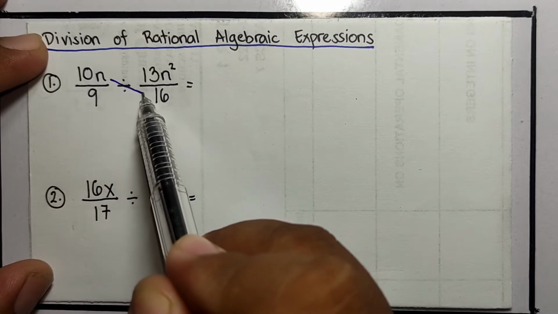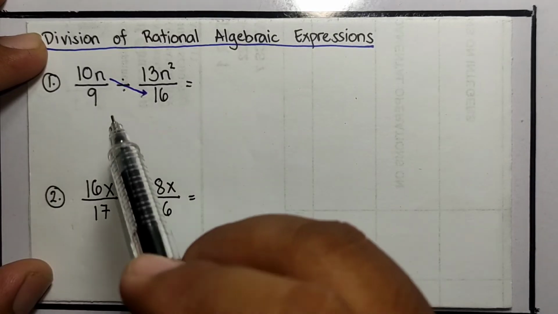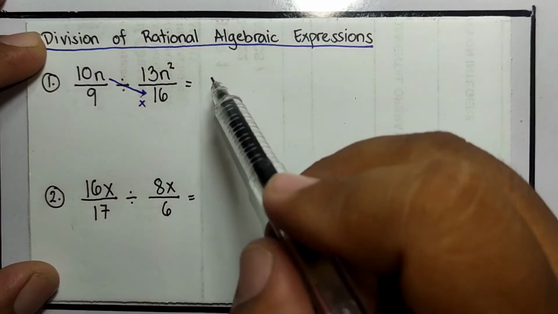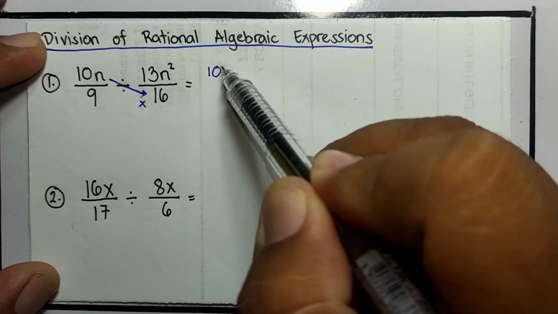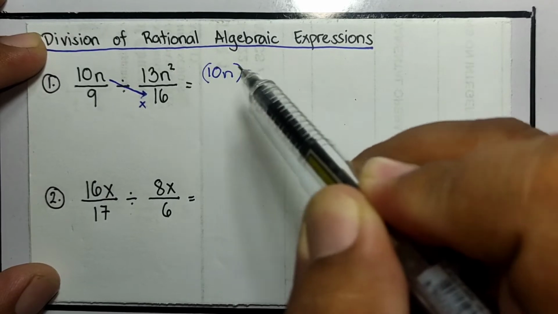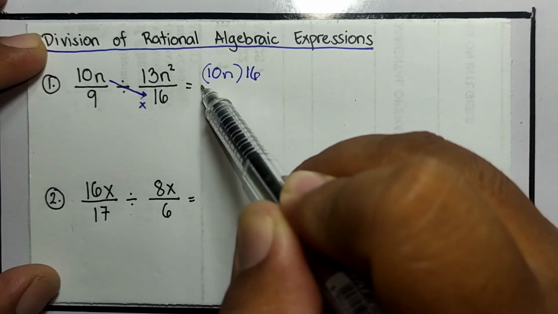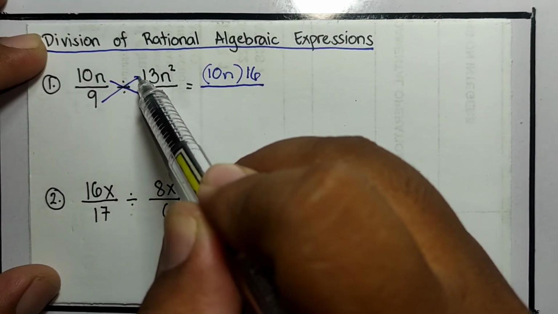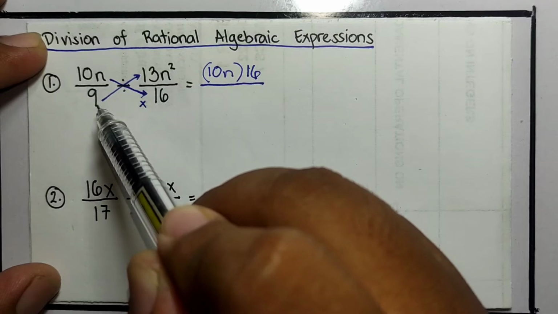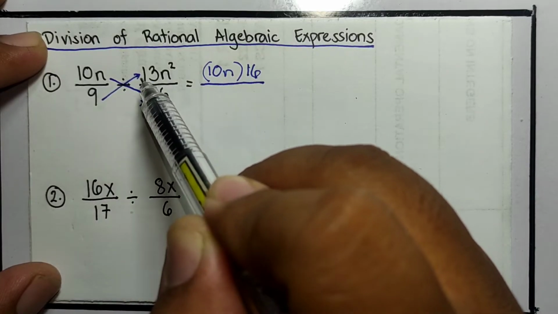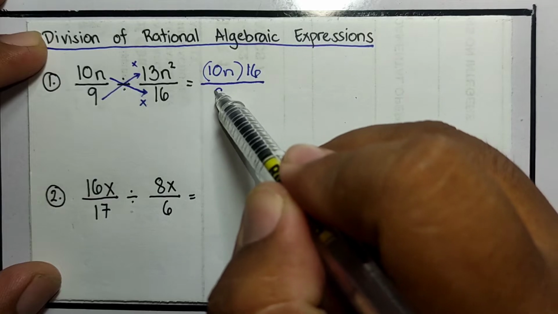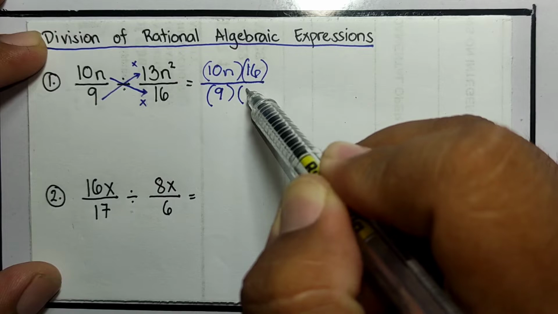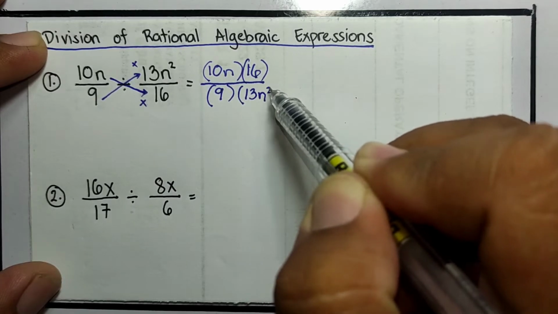Multiply the first numerator to the second denominator: 10n times 16, over the first denominator multiplied to the second numerator: 9 times 13n squared.